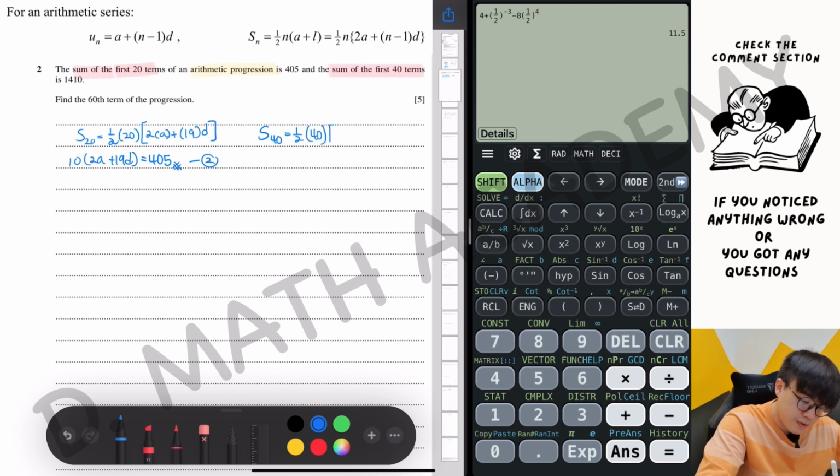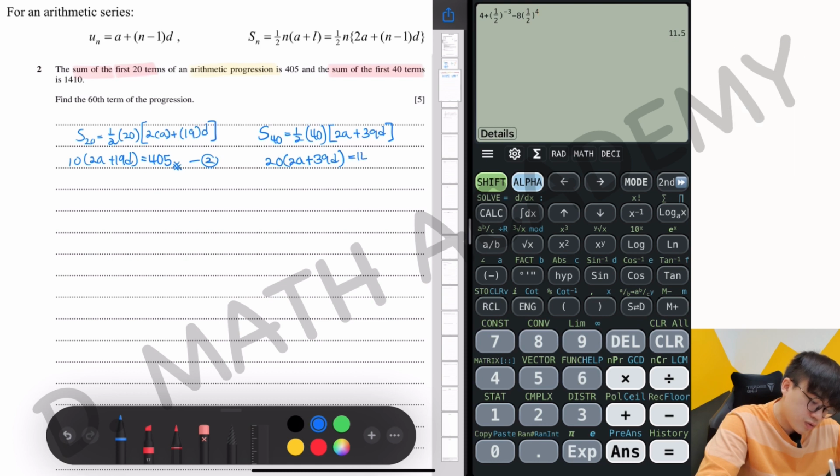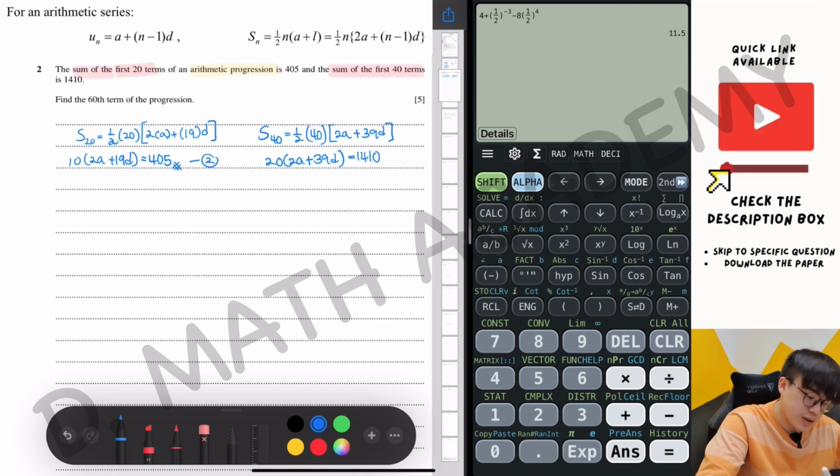Let me fill up the details accordingly. So I actually have 20, 2a plus 39d equals 1410. This will be your equation 2.